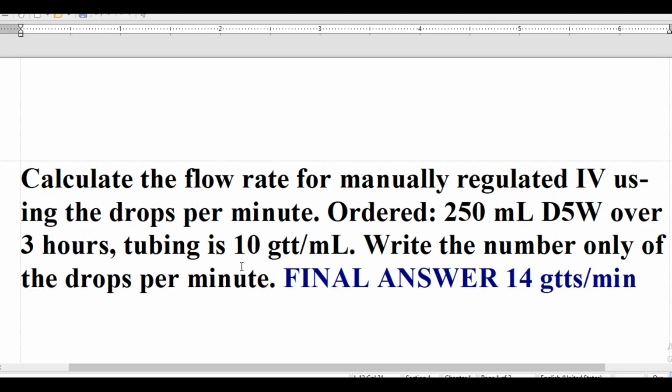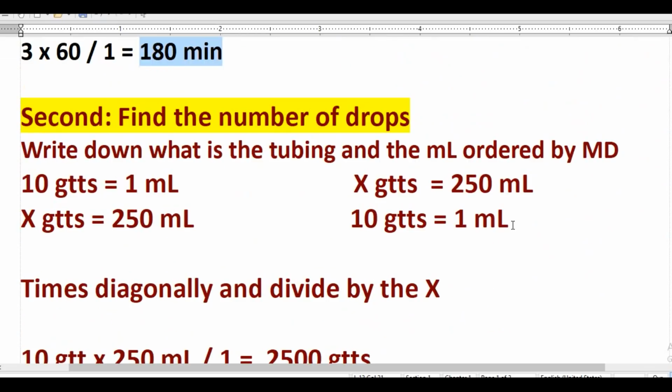So if 10 drops is 1 milliliter, then 250 milliliters is how many drops? So you write it like this. 10 drops equals 1 milliliter. Again, keep drops with drops in the same column and milliliters with milliliters in the same column. We know that, and we know that he ordered 250 milliliters, and we don't know how many drops that is.